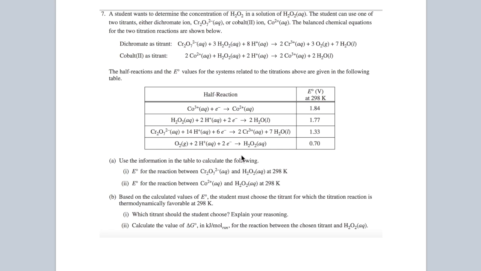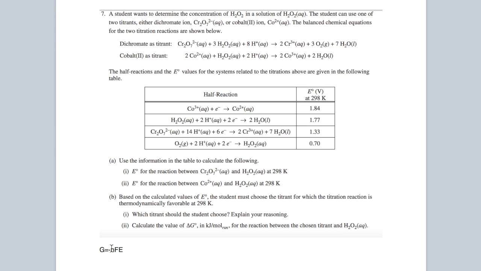That is it. So now we're finally at the last question of the FRQ, and we need to calculate our ΔG value for the reaction we chose, which is the one with the titrant of Cr2O7 2-. Using our equation for ΔG, we have ΔG equals negative n times Faraday's constant times our E value.